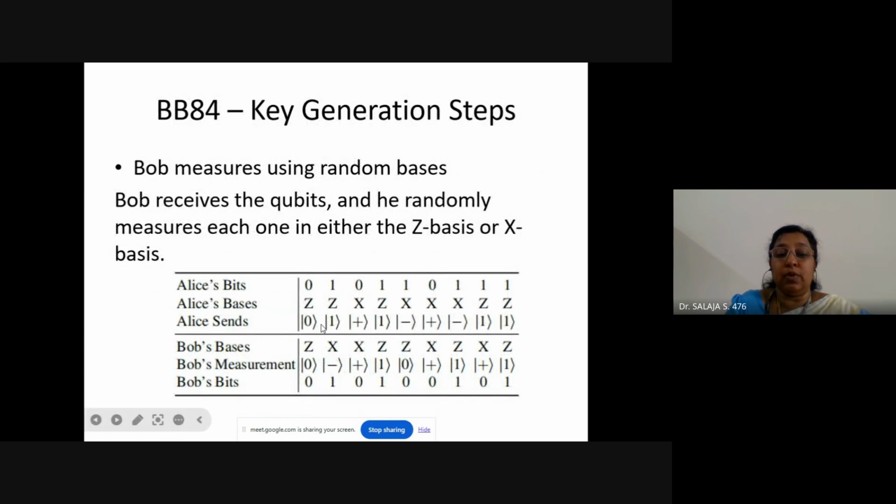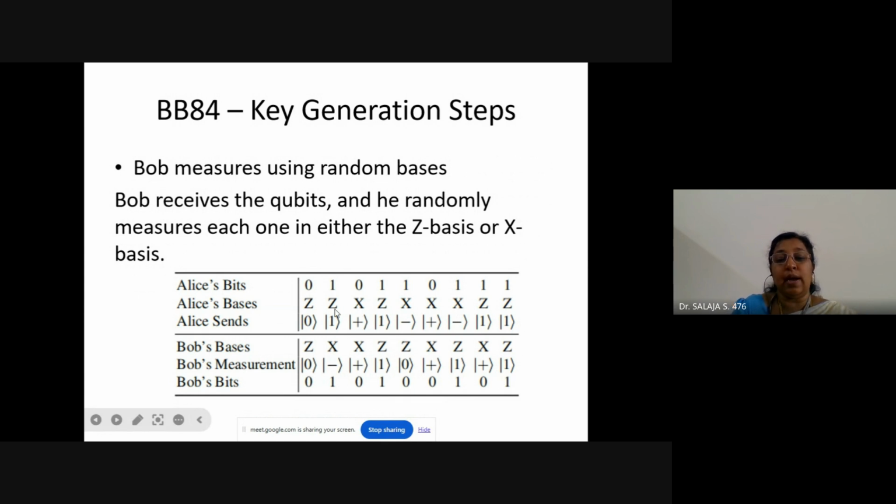On to Bob's side, Bob receives the values being sent, and Bob chooses the base at random. It can be Z or X, and it is applied. You receive a set of values over here.